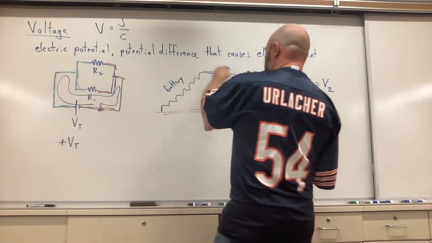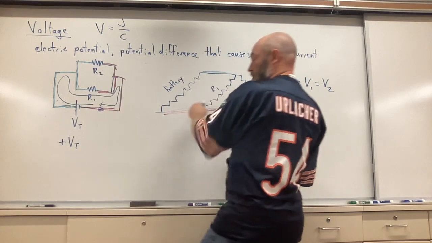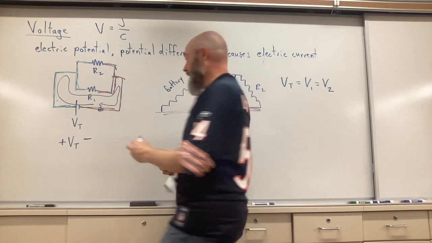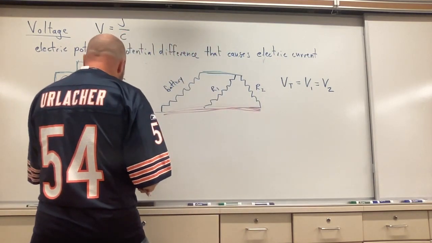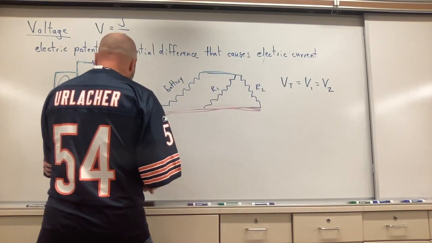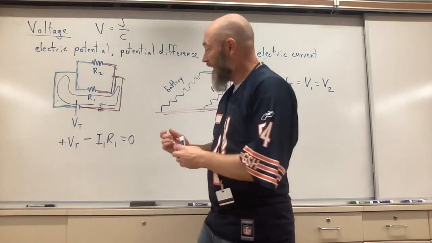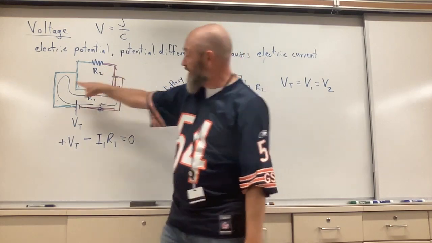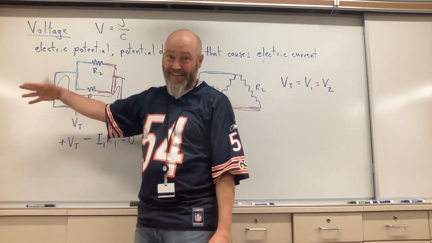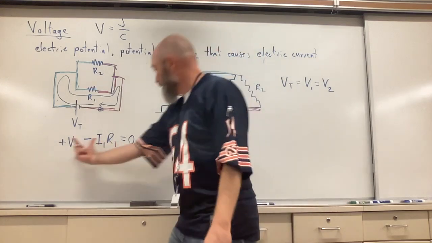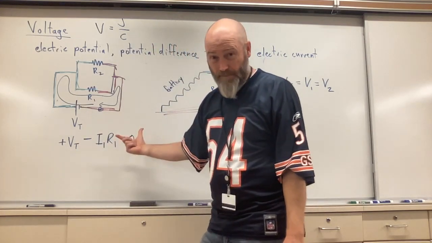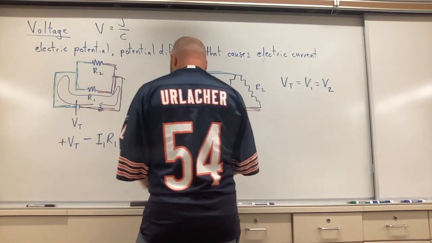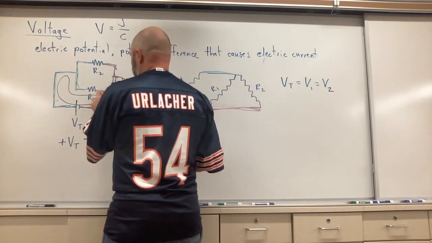Minus, now this is where you have to be careful, it would be I1 times R1, and then equals 0. Why do I have to use I1? Because the I here is not the same as the I here, which is also not the same as the I over here, because current is different. Hopefully we follow that okay? Or if I wanted to go the outer loop, let me erase this one.